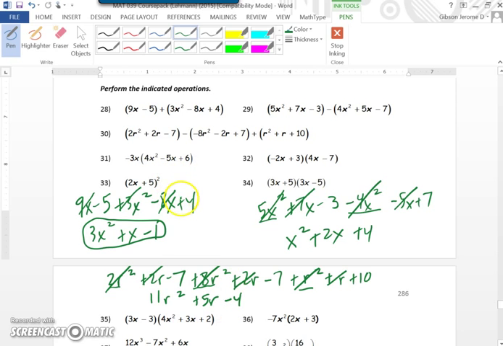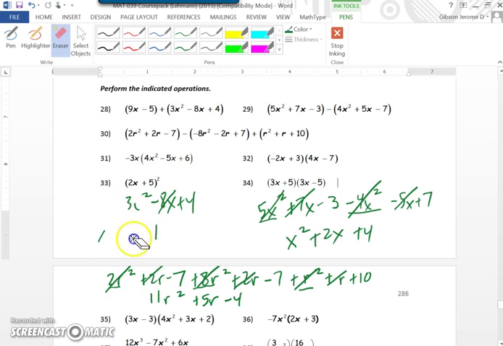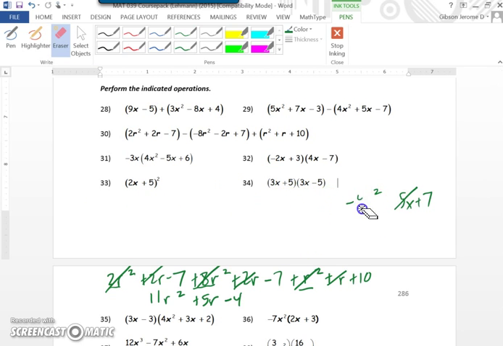Now, we go here to problem 31. Since you have copied problems 28 and 29 already, I'm just going to erase those because I have a lack of space here. With problem 31, we had negative 3x times the parenthesis 4x² - 5x + 6. We will use the distributive property.